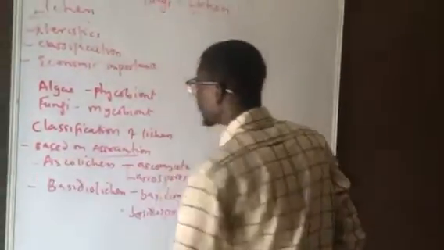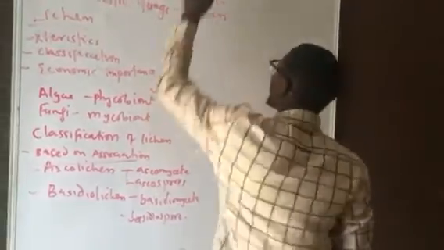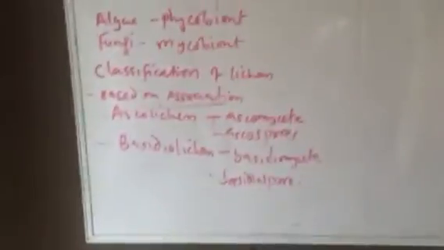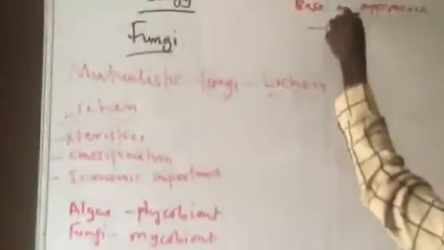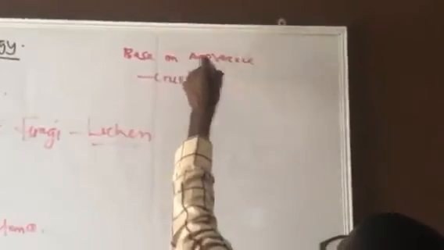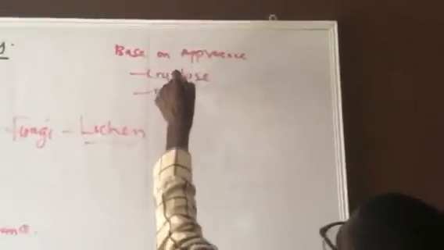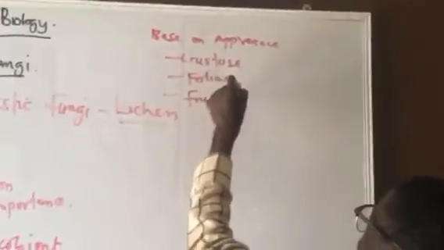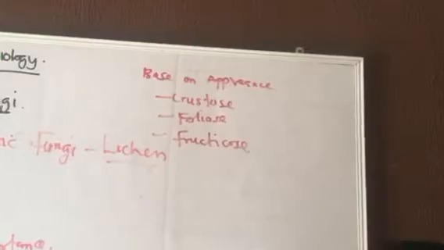Then the other group is classification based on appearance. When you talk about appearance, we have the crustose, the foliose, and the fruticose lichen.